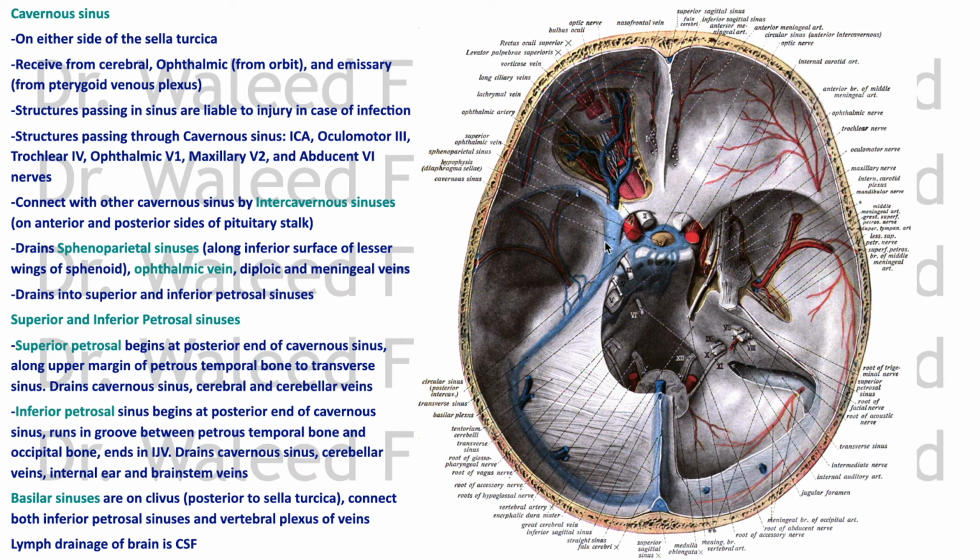Now the cavernous sinuses both lie at the sides of the sphenoid air sinus, sphenoid body I mean, with of course the sella turcica in the middle, and the pituitary gland residing there. So they are lateral relations to the sella turcica and the sphenoid air sinus.